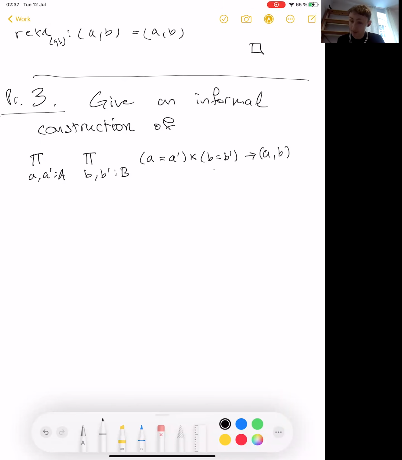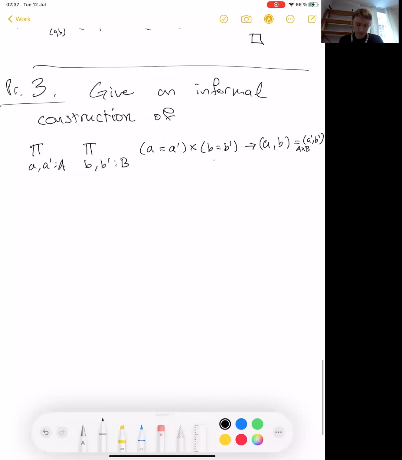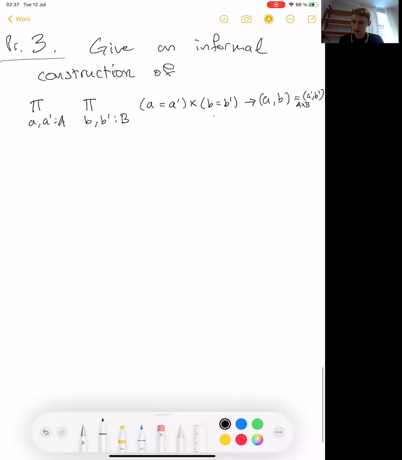Now this is in the pair type, so I can index the equality here just to state clearly which type we're working over. I'm sorry, I got a bit tiny there. We're trying to understand how identifications in the product type work. This is the problem here.